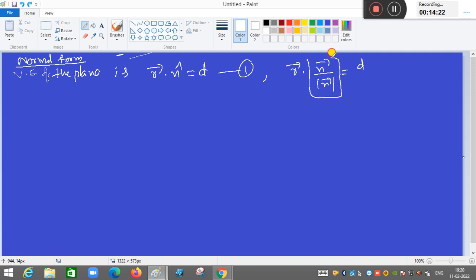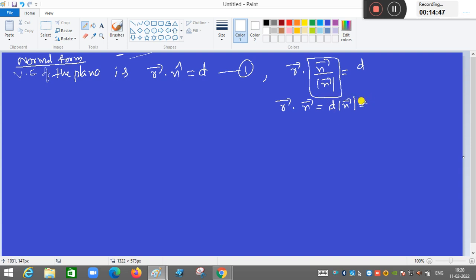So this n cap equal to this. We are writing like this. Then multiply both sides by magnitude of n bar. We can get R bar dot n bar equal to D times magnitude of n bar. So this is a number, this is a number.